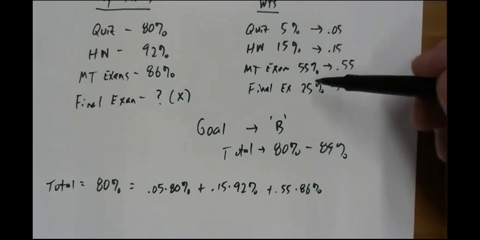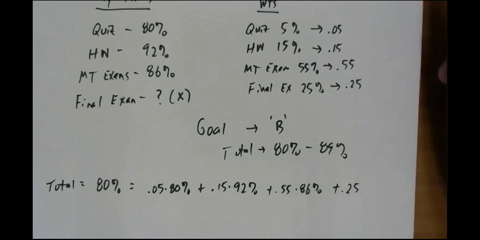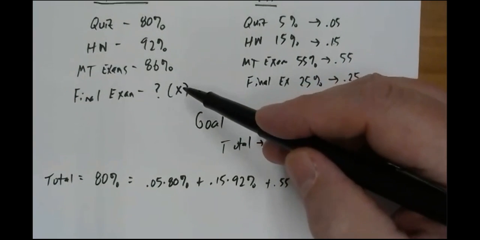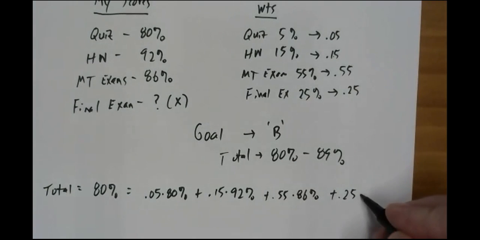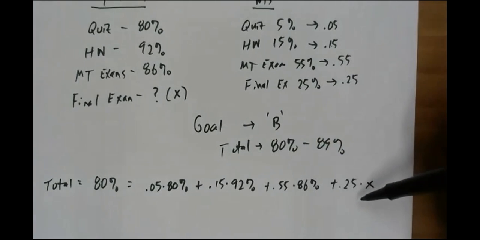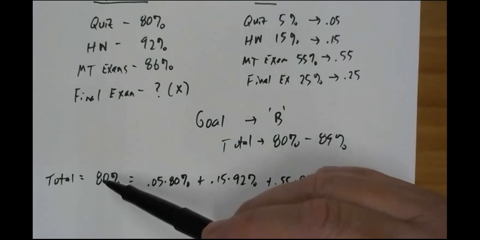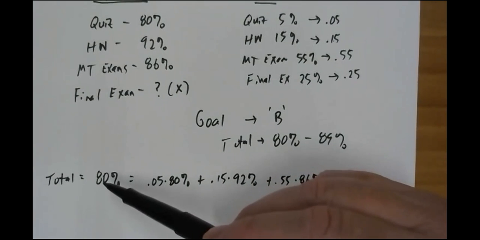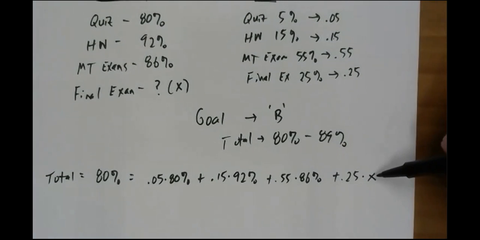For the final exam, the weighting is 0.25, but I don't have a final exam score yet, so I'm going to put in X. My goal is for my total score to be 80, so I put 80 in here. Now I have an equation with one variable, and I simply solve for X.